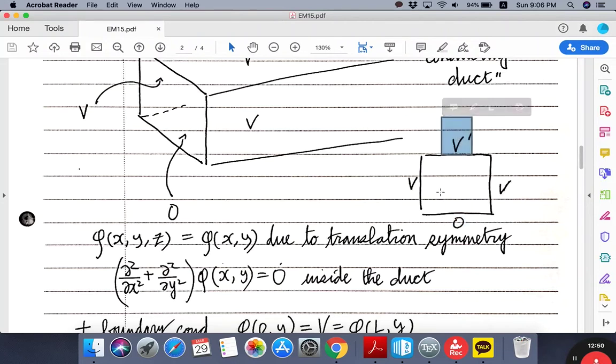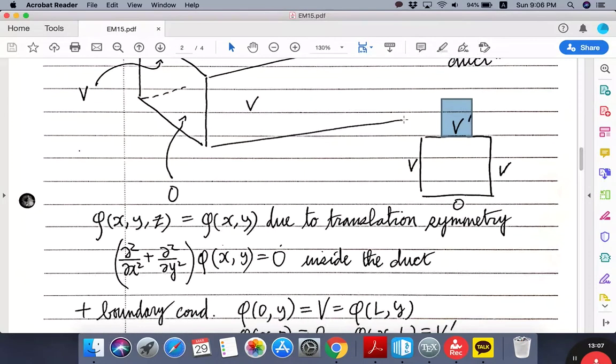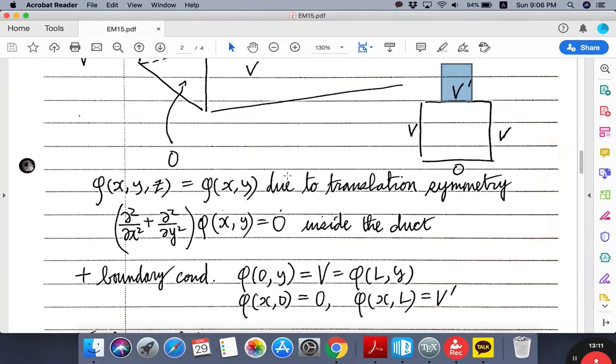So inside, we know that this potential will satisfy the Laplace equation, but at the same time, the solution has to be consistent with these potential values at the boundary. Okay, so that's the layout of the problem, and now we're going to solve it.